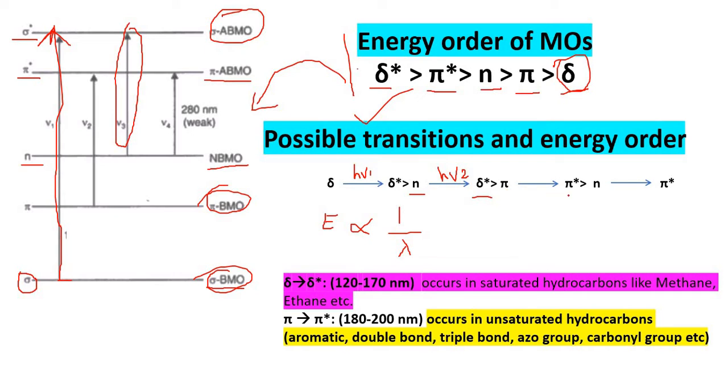Then we have the pi and pi star orbitals. This has a lower energy compared to n to sigma star, and we represent it as hv3. The last one requires a very small amount of energy to excite an electron from the non-bonding molecular orbital to the pi anti-bonding molecular orbital. So the energy required for the first excitation would be the highest, and for this last excitation very small.